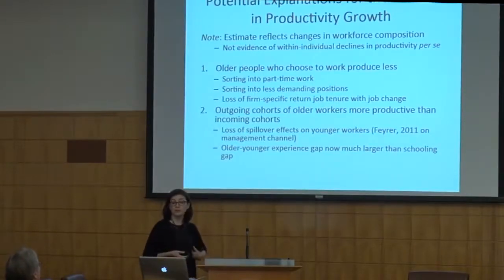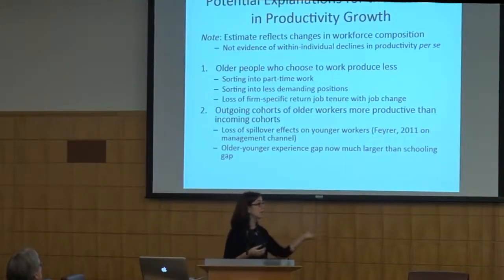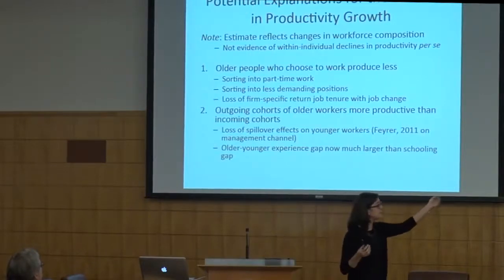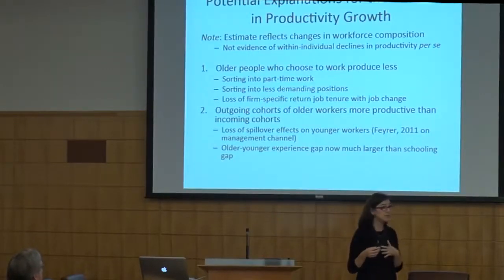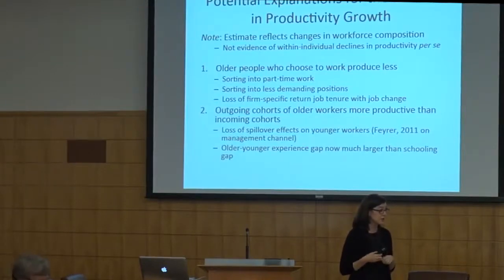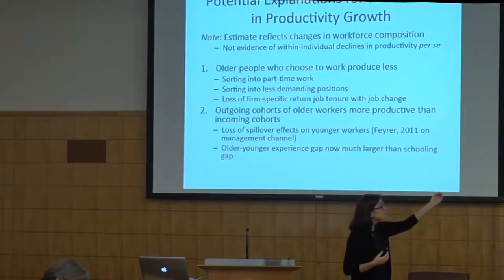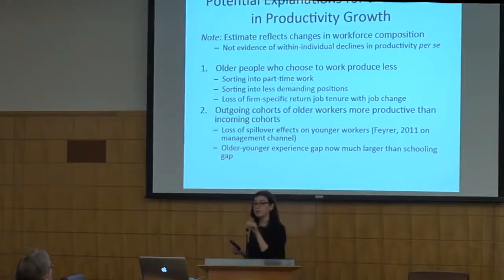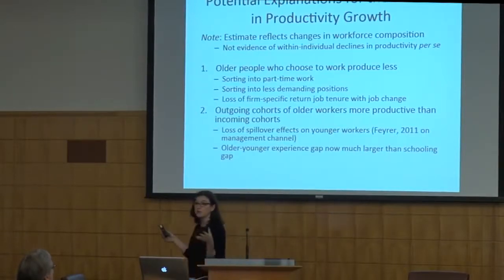One, older individuals who choose to work may simply produce less. This could come about if people were sorting into part-time work in their later years, or sorting into less demanding positions. There's evidence of this in the micro-literature on retirement behavior, some of which I've looked at myself. This could also come about if there are losses in firm-specific returns to job tenure coming from job changes.